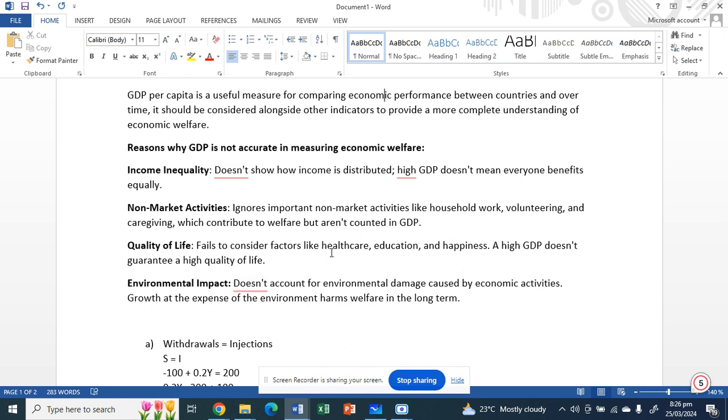And finally, environmental impact. The GDP doesn't account for the damage done to the environment by the industries and factories that are producing, which contribute to our GDP. We know, like mines, the waste from mines really affects people living in communities near the mines.